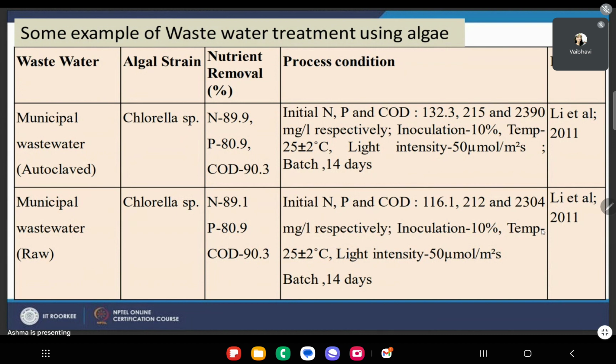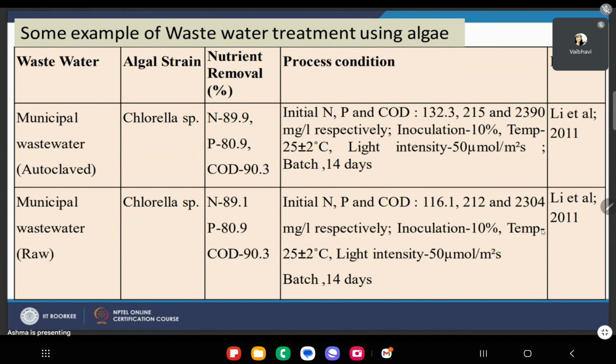The nutrient removal for nitrogen is very high, 89.9%, for phosphorus 80.9%, and for COD 90.3%. The initial nitrogen, phosphorus and COD were 132.3 ppm, 215 ppm, and 2390 ppm. The temperature used here was around 25 degrees centigrade, and light intensity was also given, and this was done in batch for 14 days.